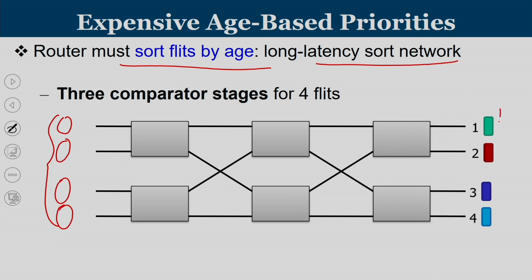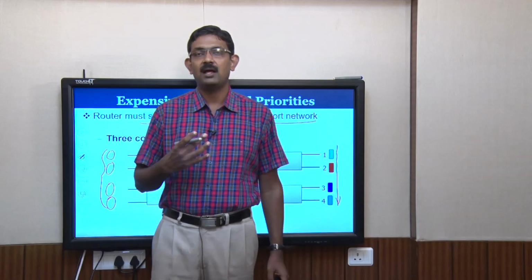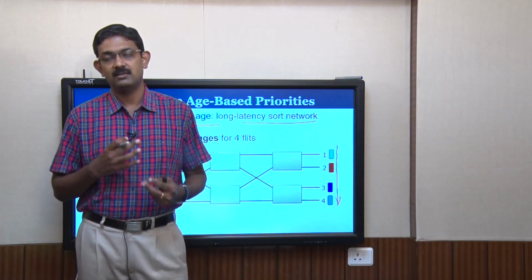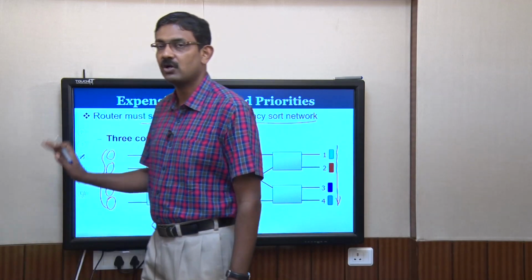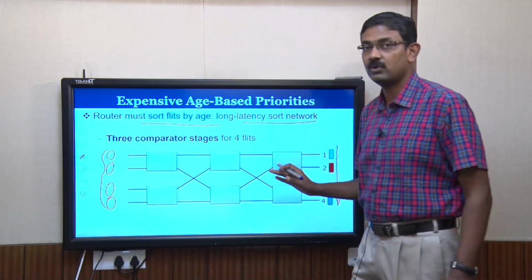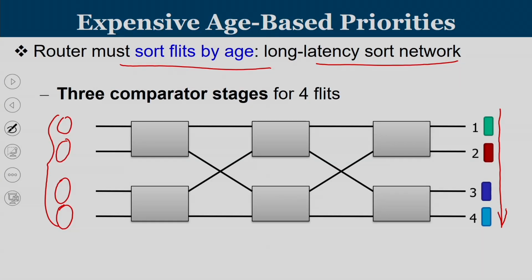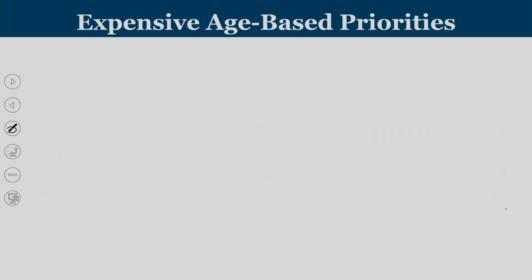By virtue of this, you can see that now it is totally ordered. So we had a totally unsorted set on one end of the sorting network. It's a 3-stage sorting network. Once you move through all these 3 stages, then at the end we can see that the flits are already in sorted order.